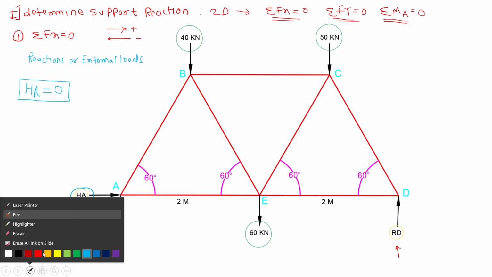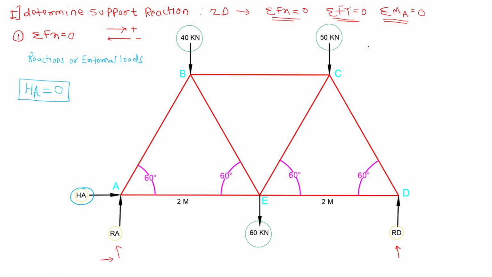Okay, now the next step is summation Fy is equal to 0. Here you have to take upward positive, downward negative, and again look for the reactions and external loads only. Always start from left to right. So here you can see RA, which is upward.